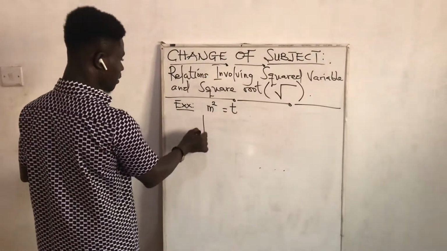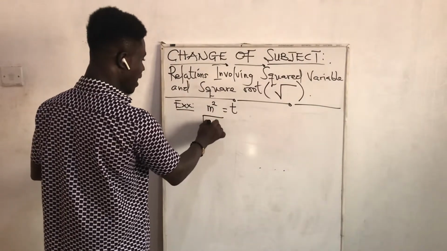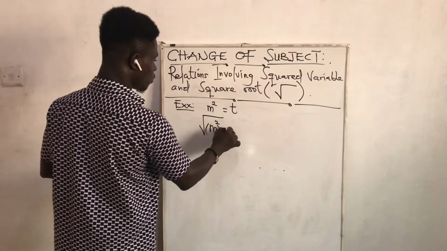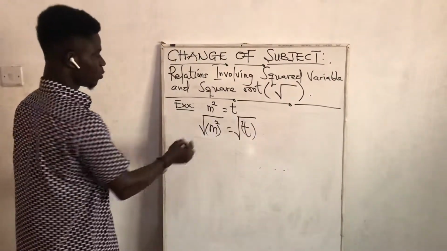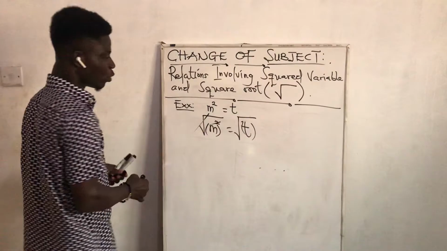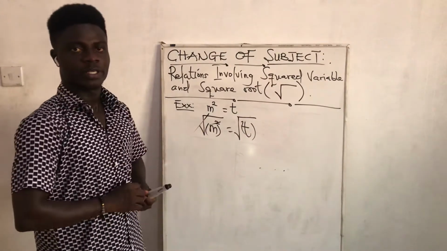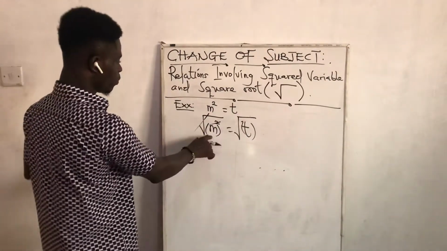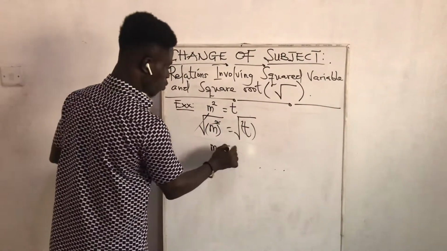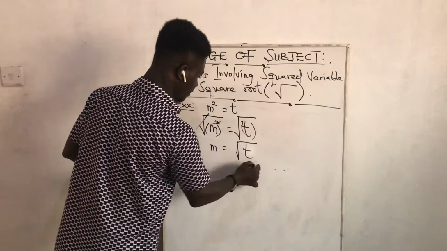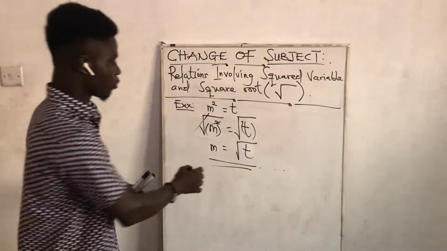So this one becomes square root of m squared equals the square root of t. Now this square removes the square root. So we have m being left alone equals the square root of t. So that's correct.